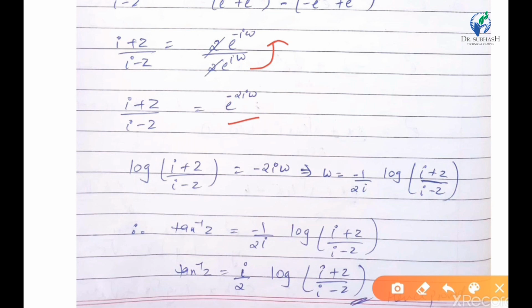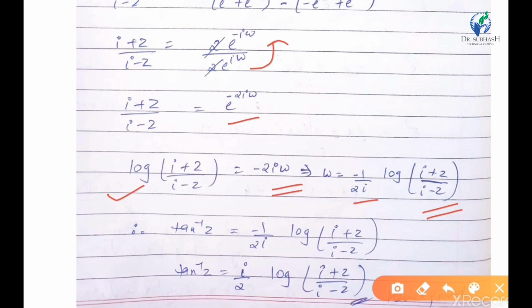Now to remove this exponential power, we take logarithm. So we get log of i plus z upon i minus z equal to minus 2iw, and w will be equal to minus 1 upon 2i log of i plus z upon i minus z.